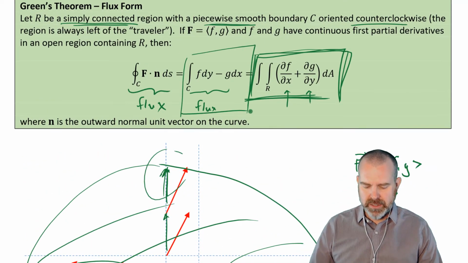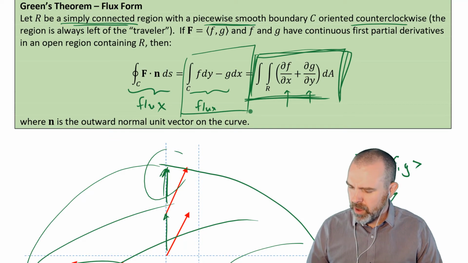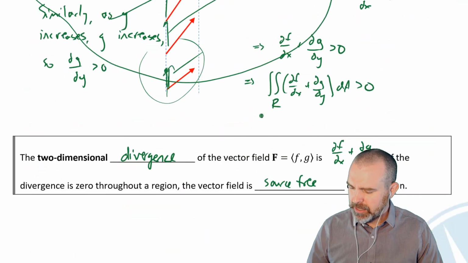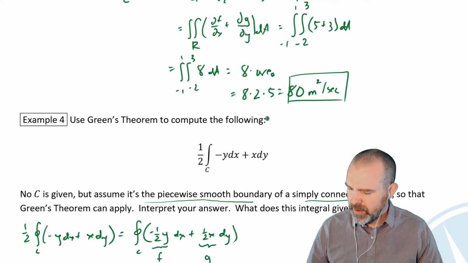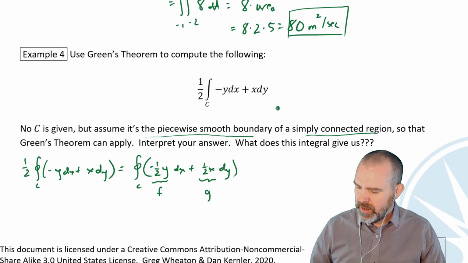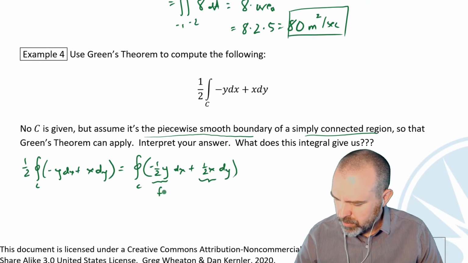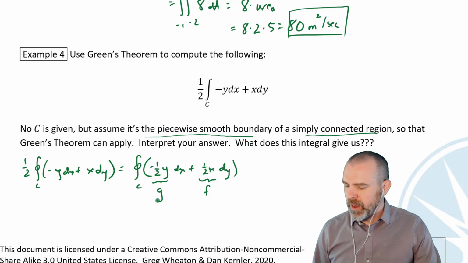Looks like the signs are wrong, though. We have f dy minus g dx. Oh, yep, f dy minus g dx. So this is f, and this is g, so they're kind of written in the wrong order there.